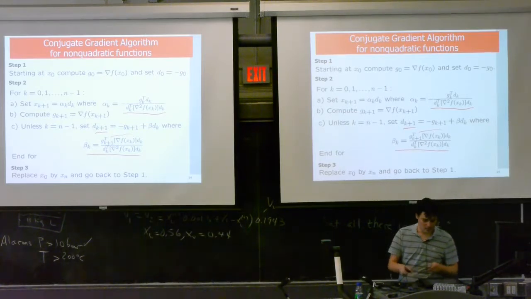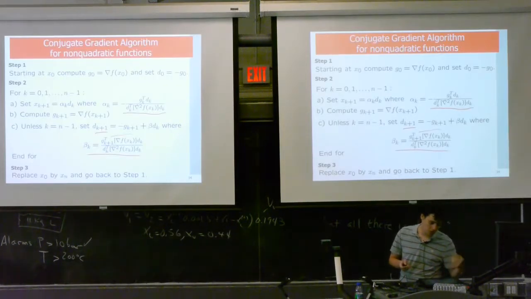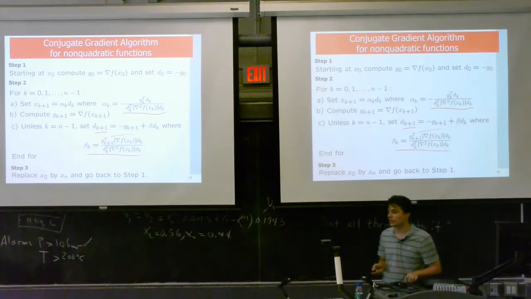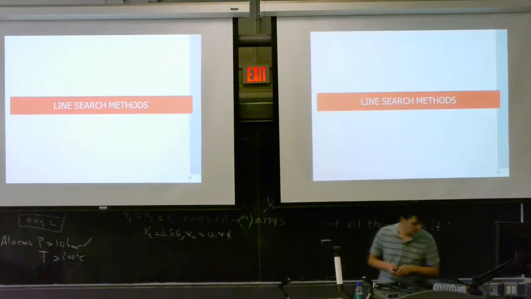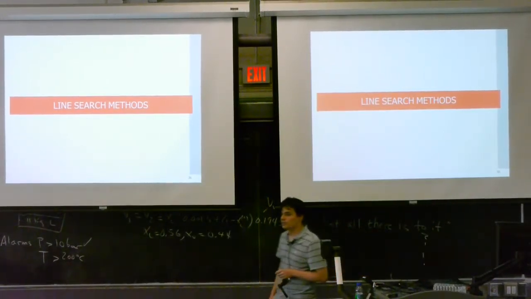A fix would be that for bk, we can use an update that I showed you in the previous slides that doesn't contain the Hessian, and for alpha k, you can just use a line search. And then again, that wouldn't contain the Hessian. Okay? So that makes sense so far.